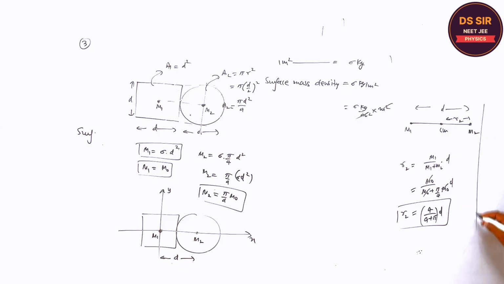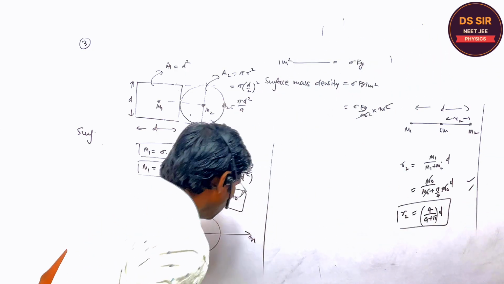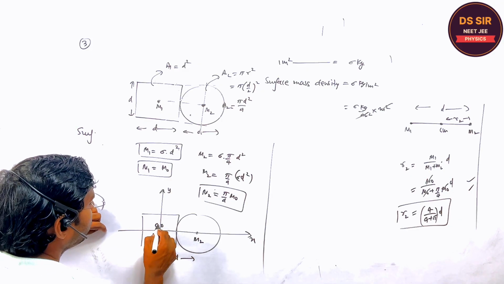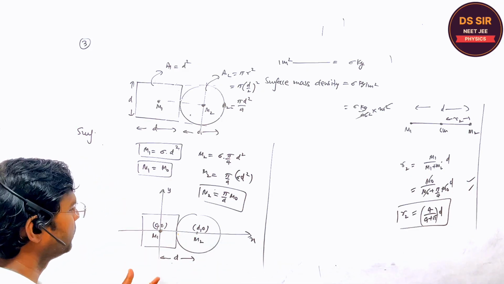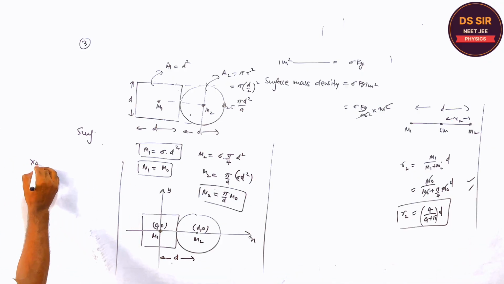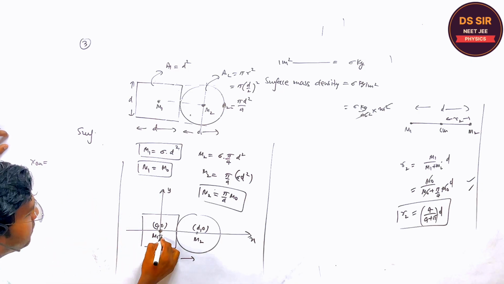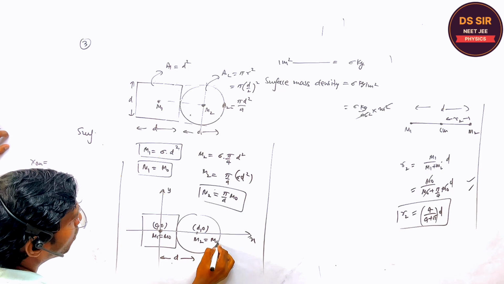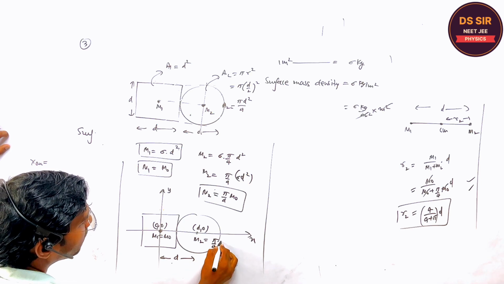Although this is the easiest method I use, here you can also use coordinates: 0 comma 0, and d comma 0. So first you will find the x coordinate of the center of mass. Say this is m0, and this is pi by 4 m0.